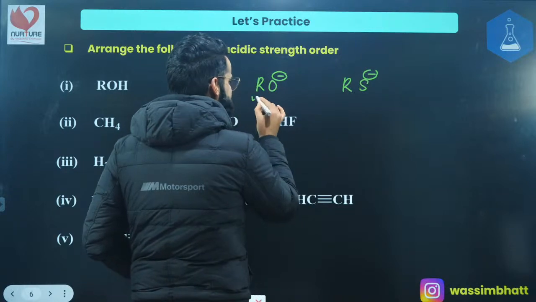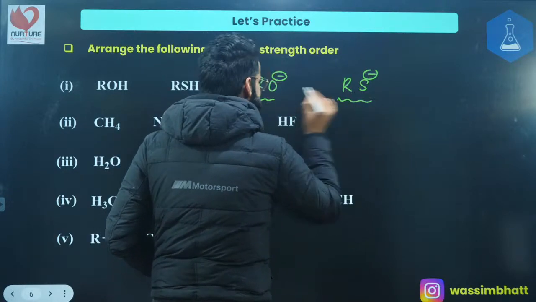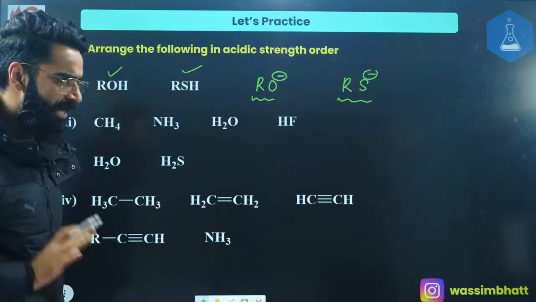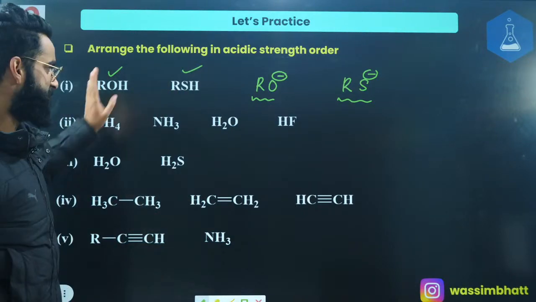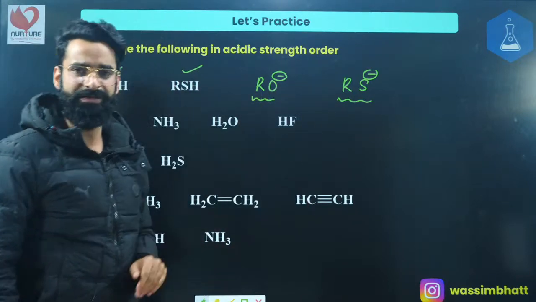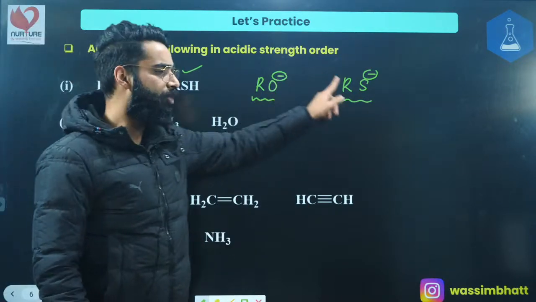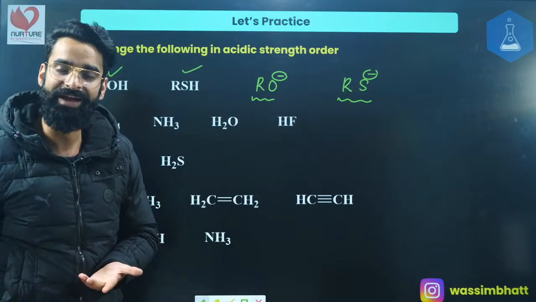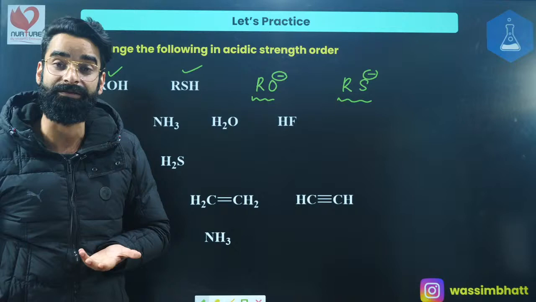So these are basically the conjugate bases of these respective acids. Point number two: compare the stability of these conjugate bases. Wherever the conjugate base is more stable, that acid is going to be stronger. That acid will have more acidic strength, as simple as that.